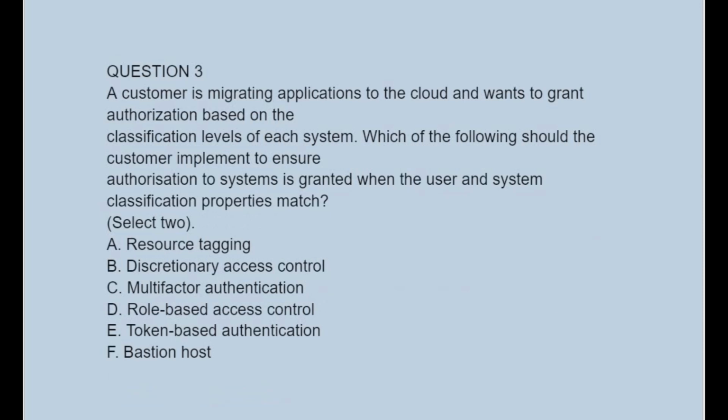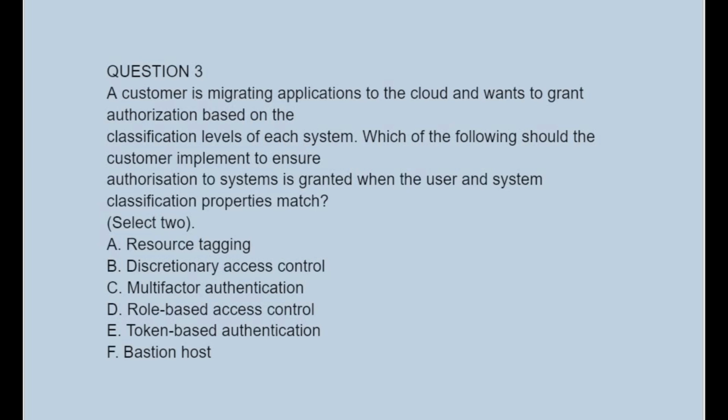Question is, a customer is migrating applications to the cloud and wants to grant authorizations based on the classification levels of each system. Which of the following should the customer implement to ensure authorizations to systems is granted when the user and system classification properties match? Select two options.